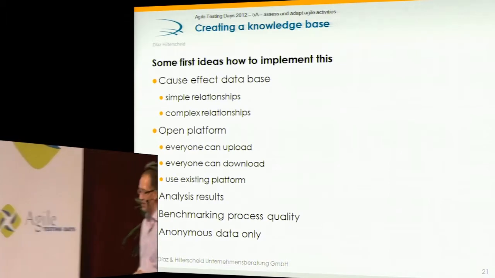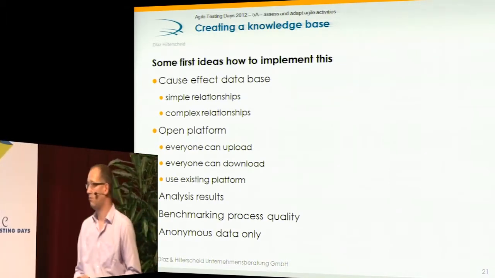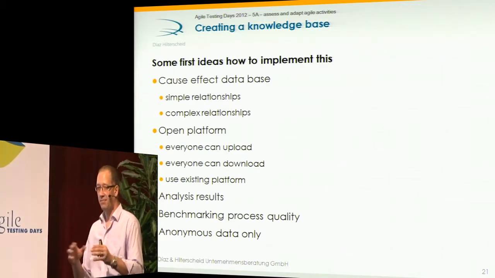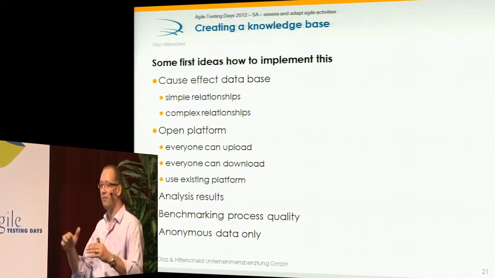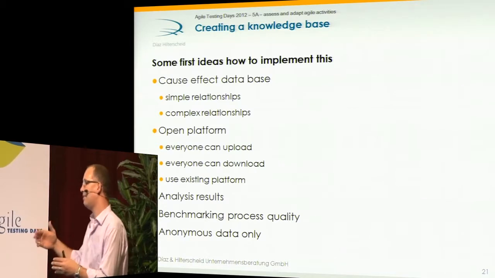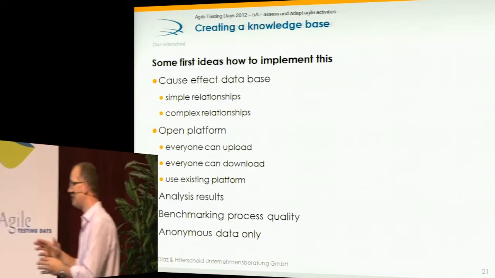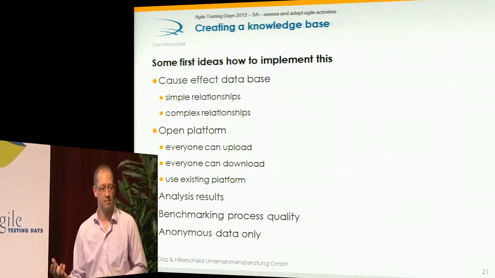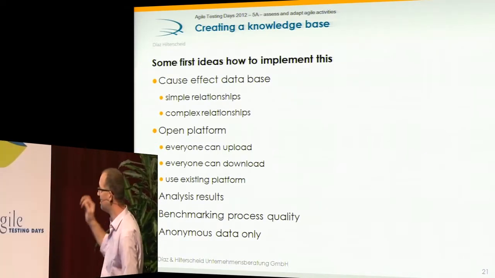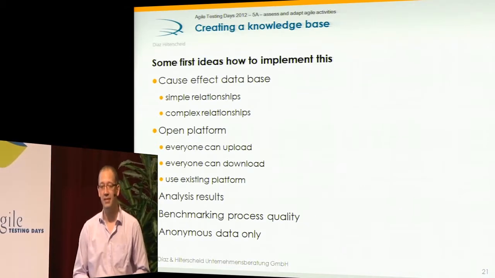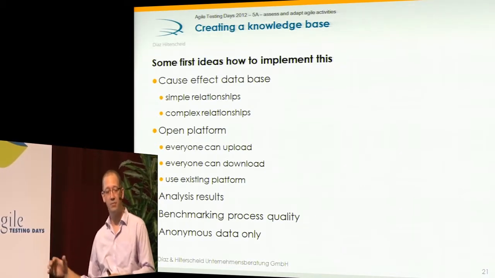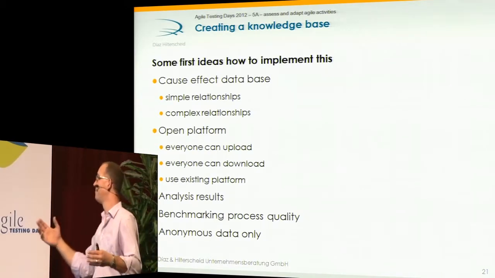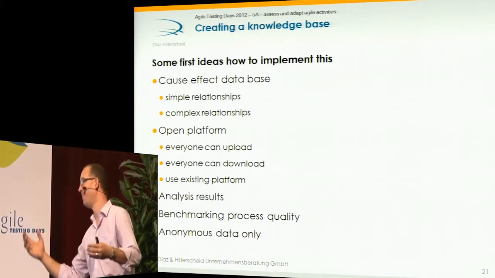Maybe we can do something with benchmarking of process quality. Maybe we can find out how good we are, going in a direction like TPI and CMMI, etc. So we should check on that. But it can be an idea. We only said these are first ideas for how to implement it. So we don't have a platform today, but we can have a platform tomorrow.